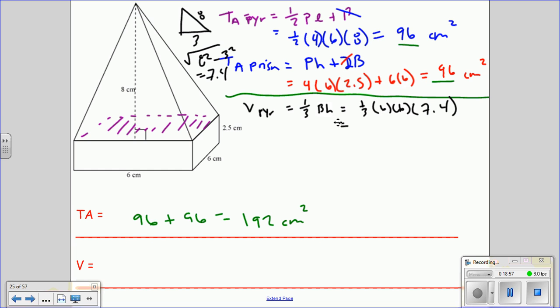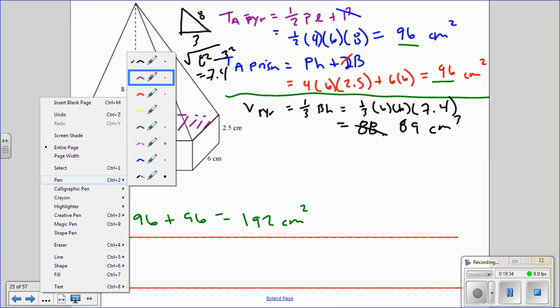So now we can put that in a calculator. All together. And the volume is approximately 88.99, so about 89 centimeters cubed.